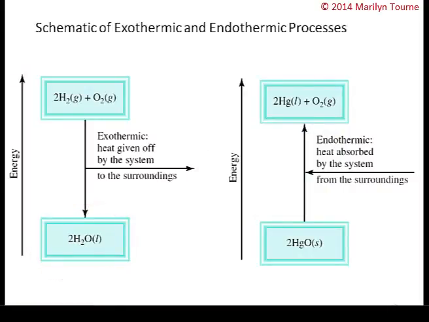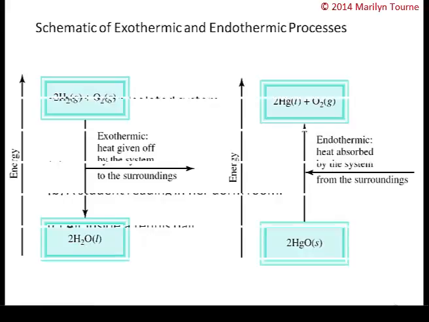When you have an endothermic process, like you have that solid, mercuric oxide, and you have to heat it, you are inputting energy into that system. So when that reaction ends, the system has more energy than what it started with. So again, an endothermic process is something that absorbs heat or absorbs energy from the surroundings. Make sure you understand these two processes, since this entire chapter will be based upon exo and endothermic reactions.